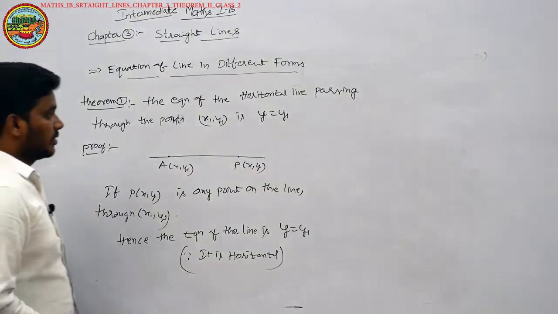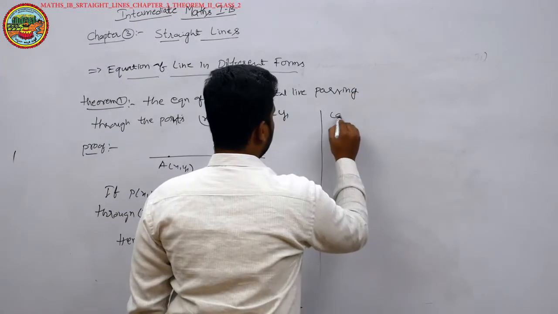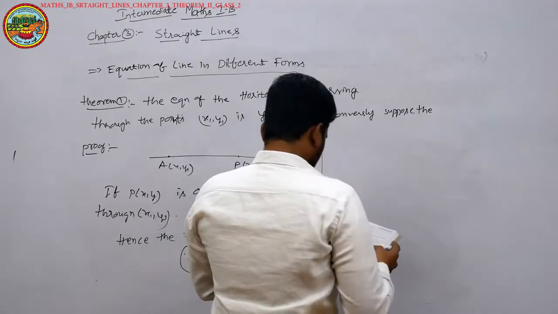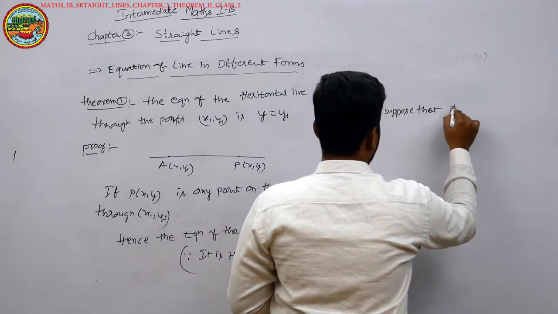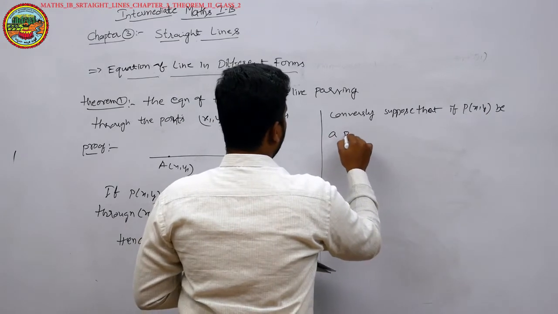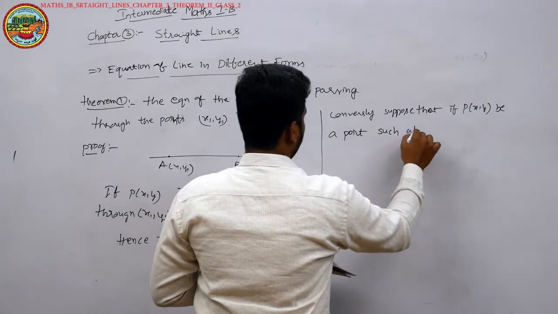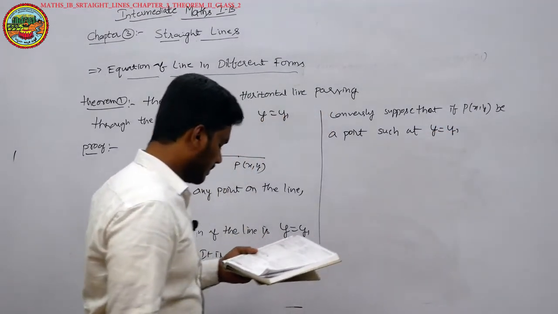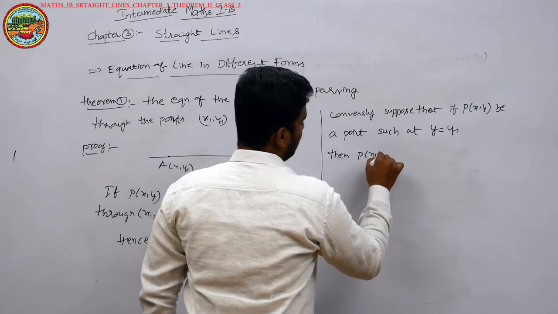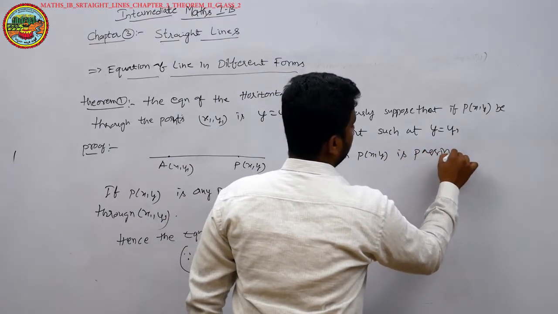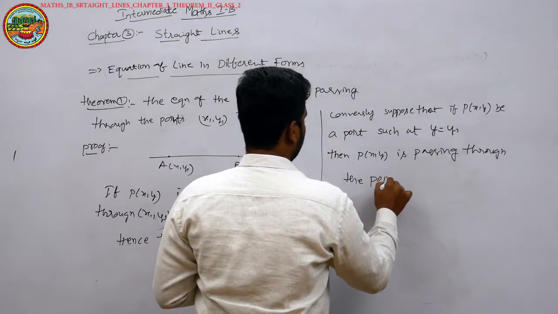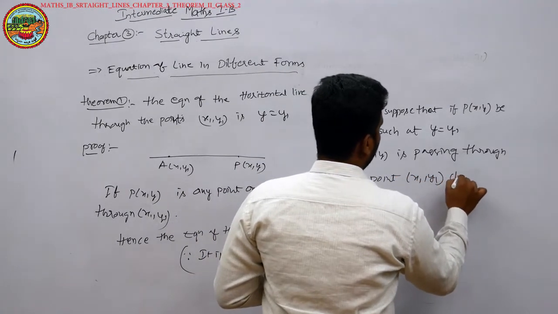Conversely, suppose P x comma y is a point such that y is equal to y1, then P x comma y is passing through the point x1 comma y1 clearly.